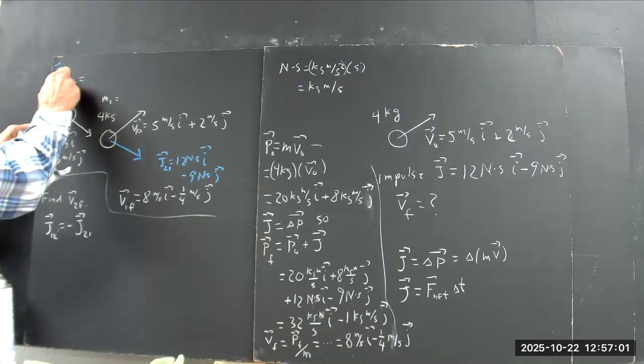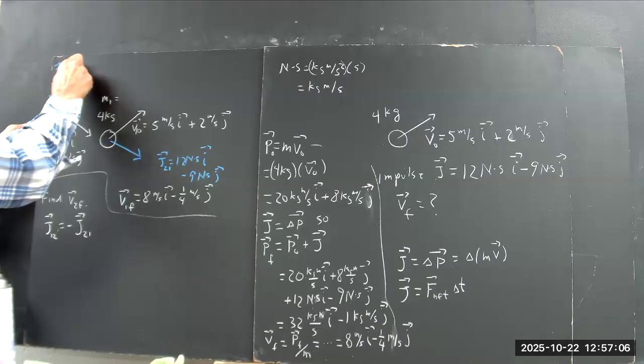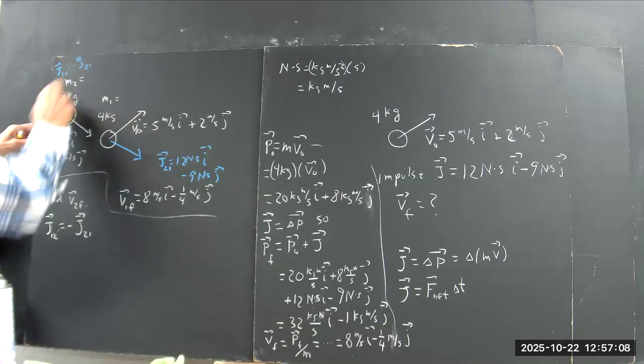Painted myself into a corner here, but I'm going to call this J12 equals negative J2.